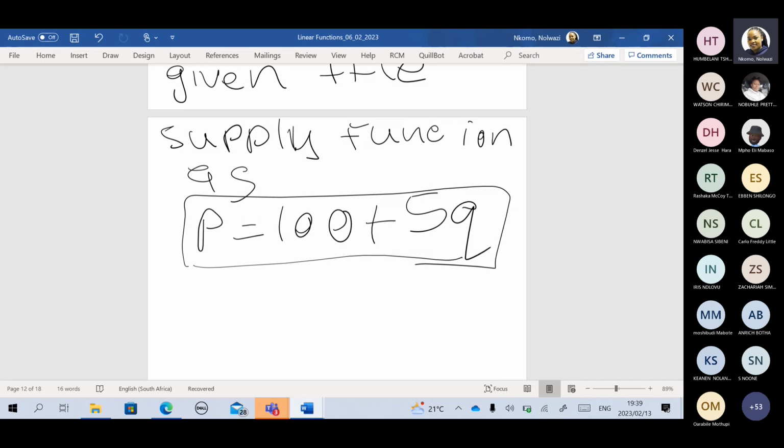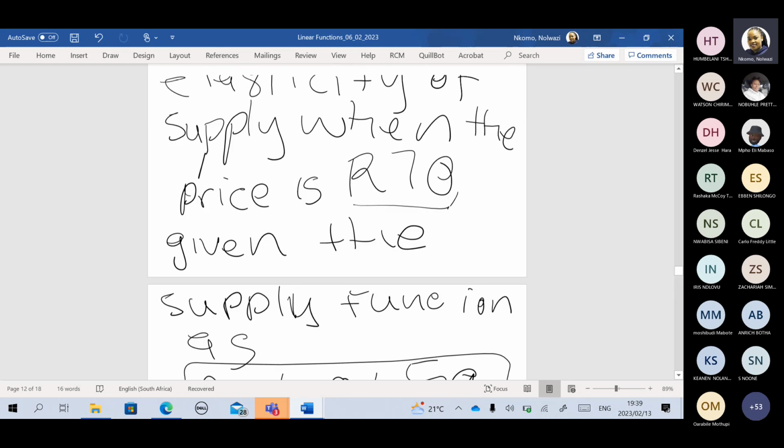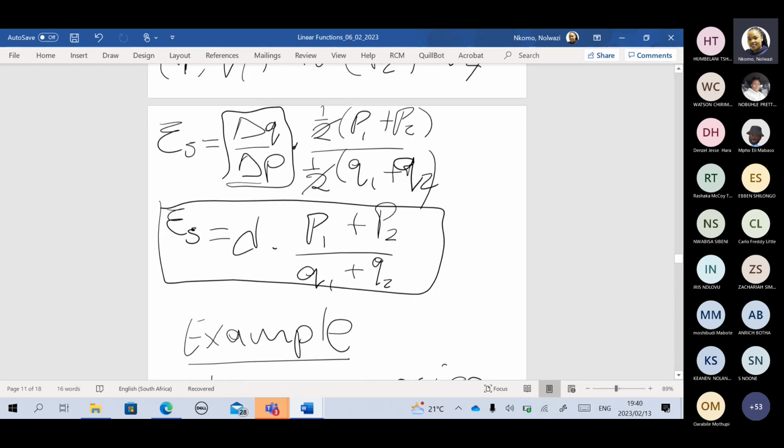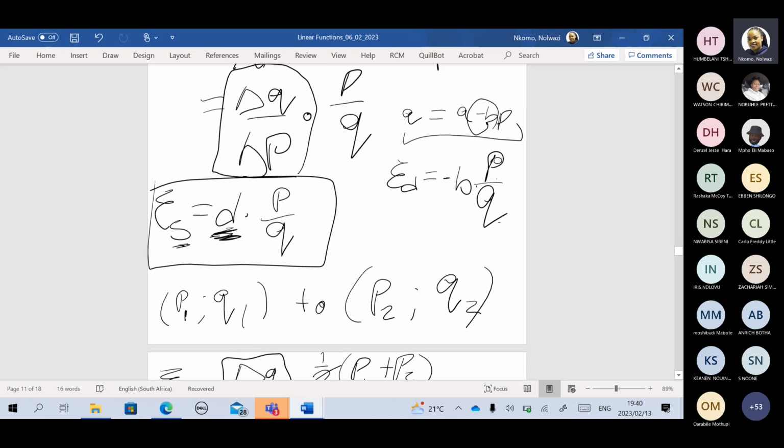Then you substitute back the value of P to find Q. Once you have P, Q and B, you can use this equation. And then you need to interpret the absolute value as we did for the demand.